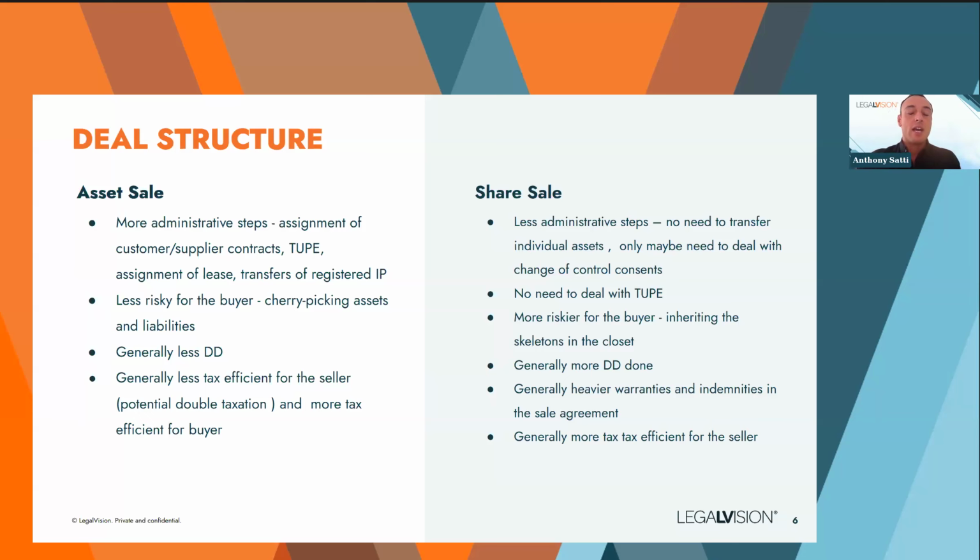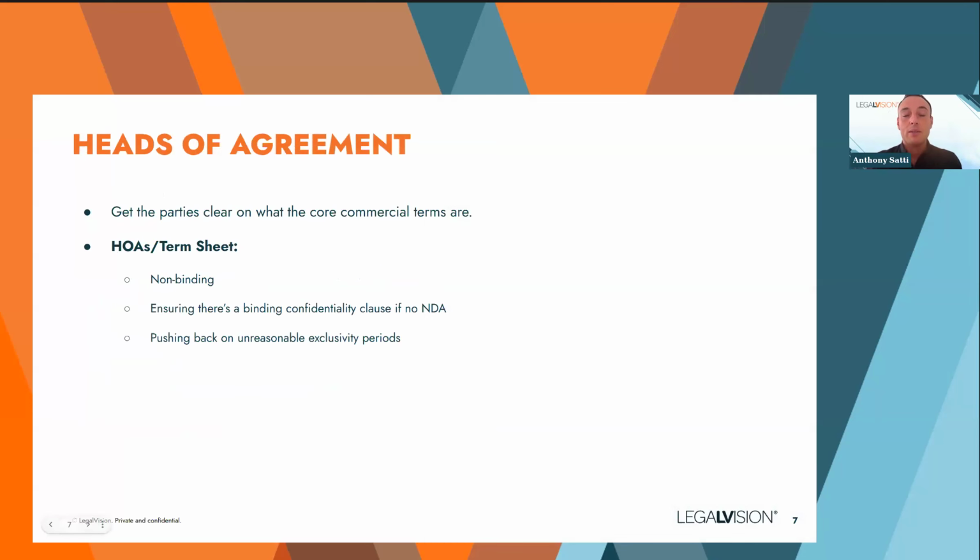So on the next slide, another key part of the initial steps of looking to sell your business is that the parties will usually enter into what's known as a heads of agreement, or sometimes a term sheet, or a letter of intent.